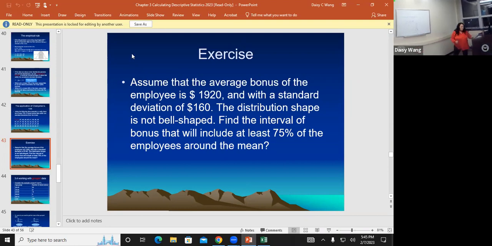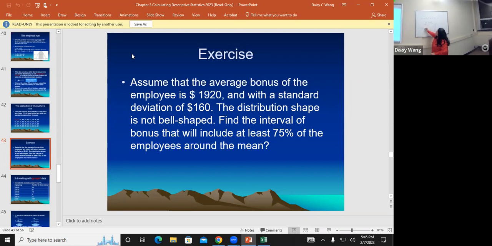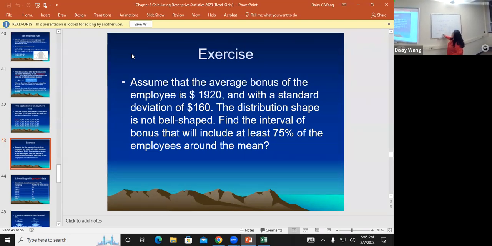I'm writing it. So it's here: 1920 plus minus 160 times 2. So 320. So it will be 1,600 to 2240.